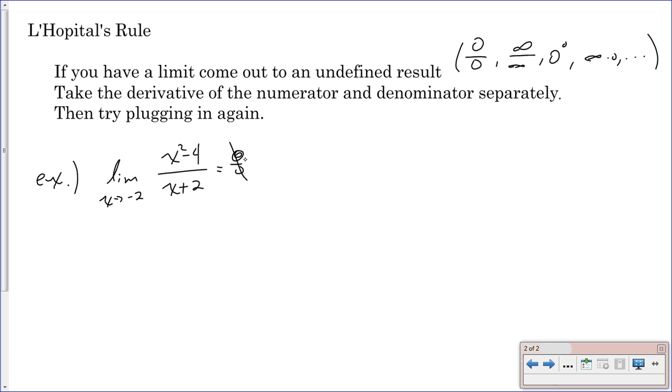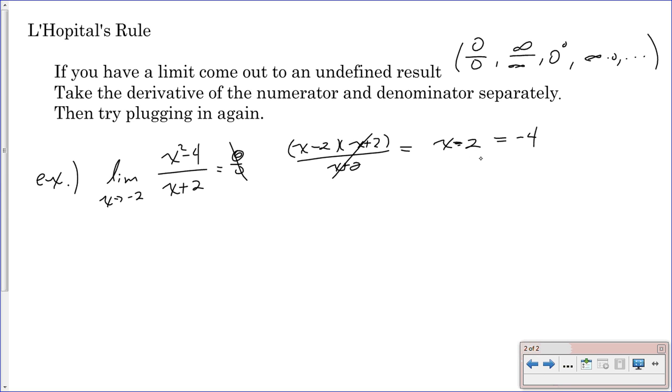So what we would normally do is factor the top, because the top is factorable. So we'd get x minus 2 times x plus 2 over x plus 2, which would cancel out. We get x minus 2. Now we'd use direct substitution to get negative 4.